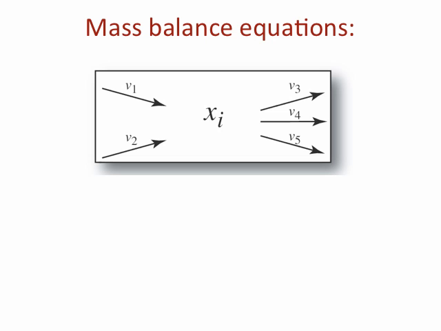This little schematic shows a concentration x sub i that is formed and degraded. It's formed by 2 different reactions and degraded by 3 different reactions. The symbols in here indicate flux. V sub a number like V sub 3 represents the flux through that reaction. X itself is in units of concentration.